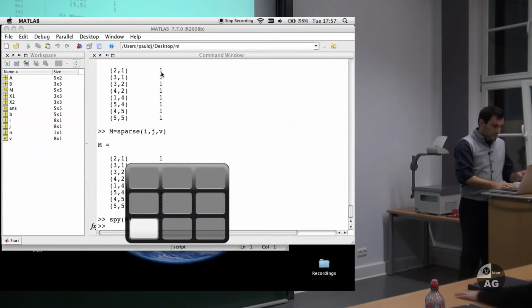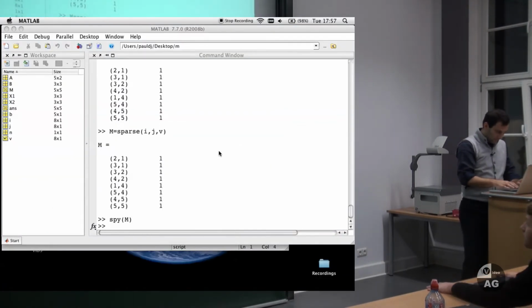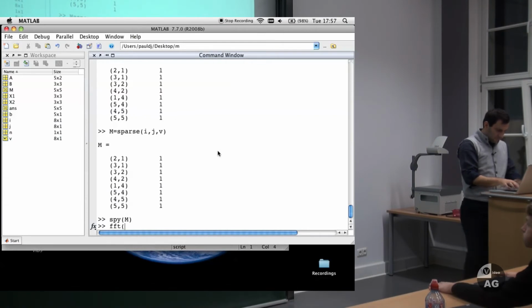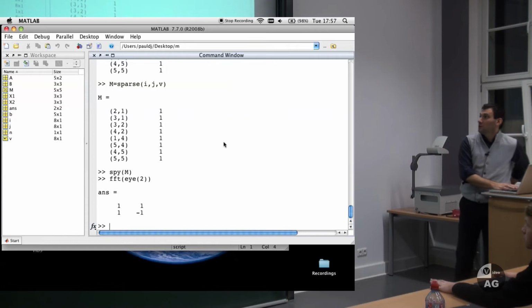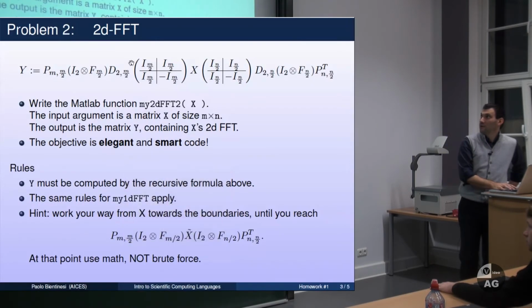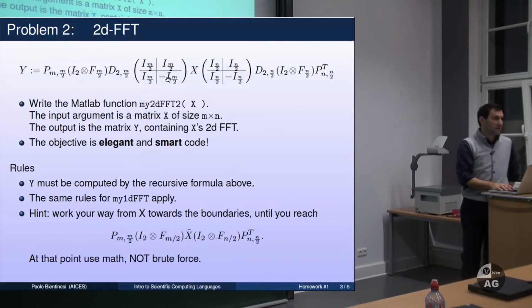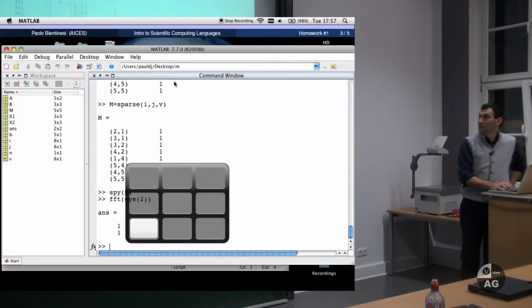Because the F matrix of size 2 looks like 1, 1, 1, minus 1. Then over here, we have identity, identity, identity, minus identity. Okay?